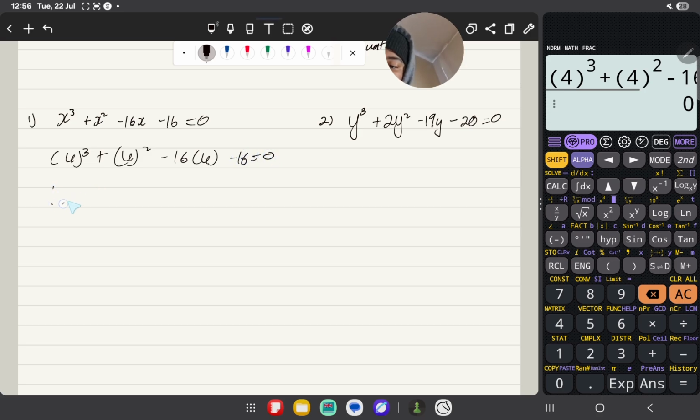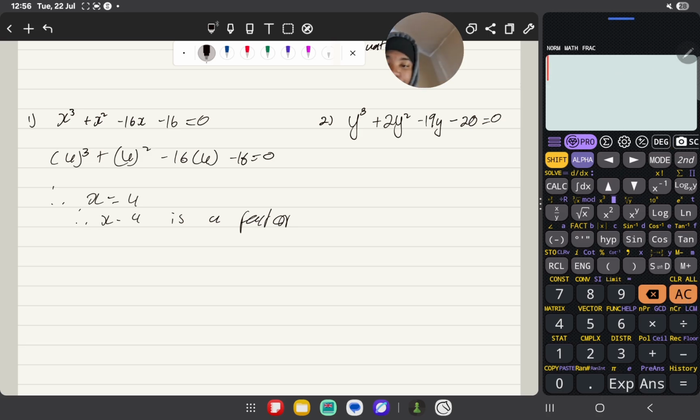And then you say therefore x equals 4, and therefore x minus 4 is a factor. That's the only thing you can write. As for these ones that don't work, you'd be wasting your time.